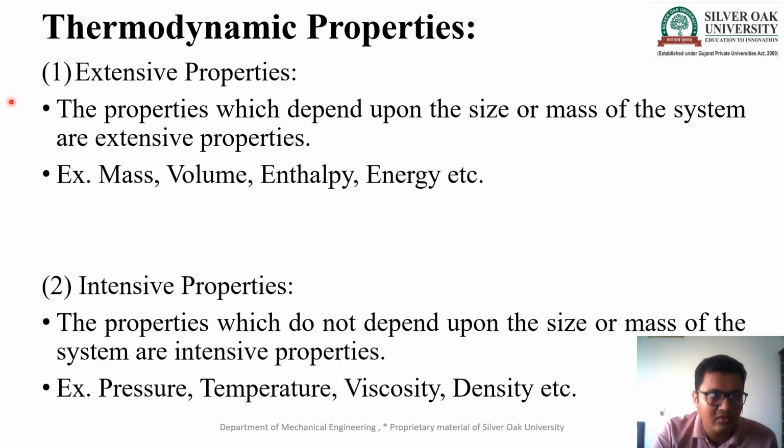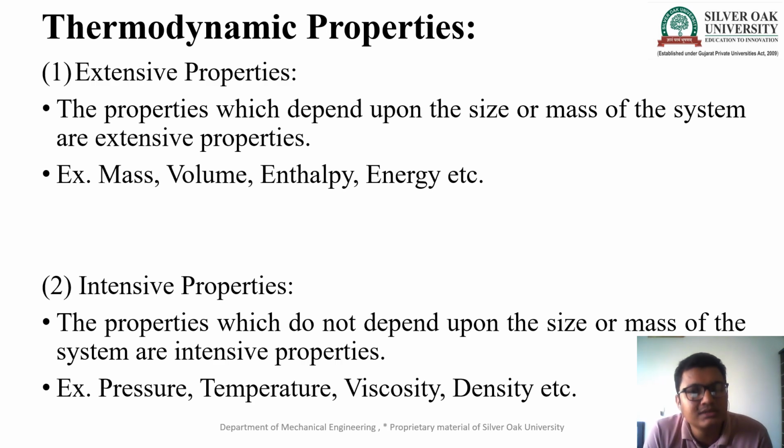Now we talk about thermodynamic properties. There are two types of thermodynamic property. The first one is the extensive property, the second one is the intensive property. What is the difference between the two? The property which depends on the mass of the system is called the extensive property.